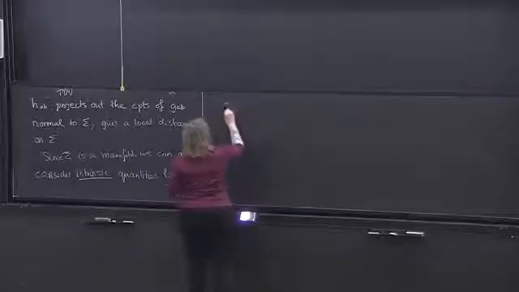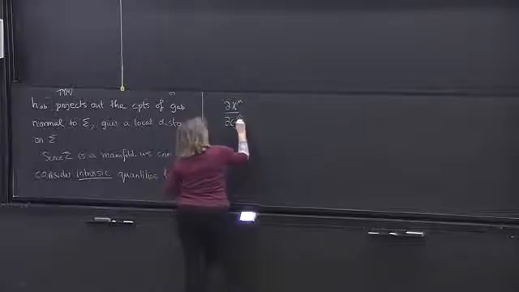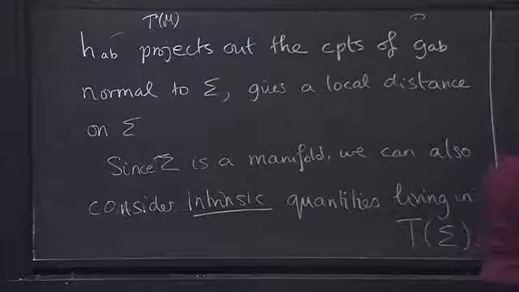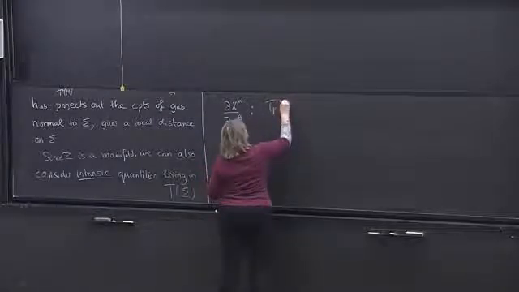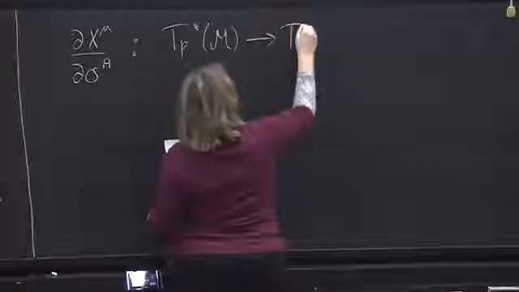So dx mu by d sigma A, which I wrote down before, and sketched as being parallel to sigma, this gives you a map. So this is coming back to this business of maps and manifolds.